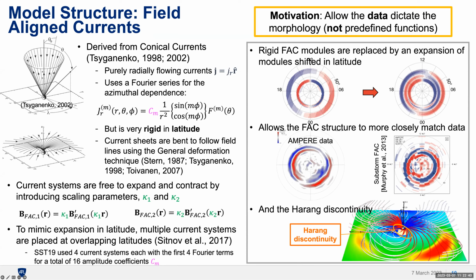Like I said, we now use 16, kind of overlap them in latitude, and we can mimic an expansion type solution in latitude, which much more closely matches this kind of complex morphology seen in the real field aligned current system, including this spiral shaped pattern associated with the Harang discontinuity.